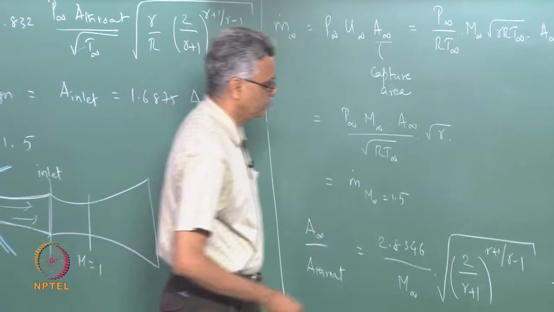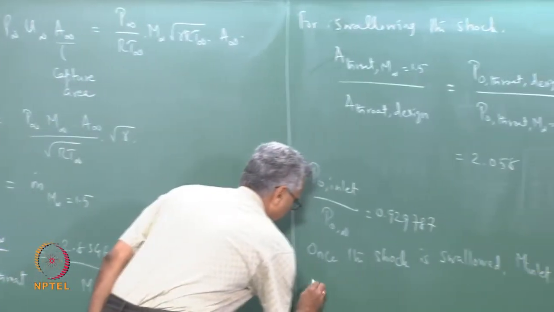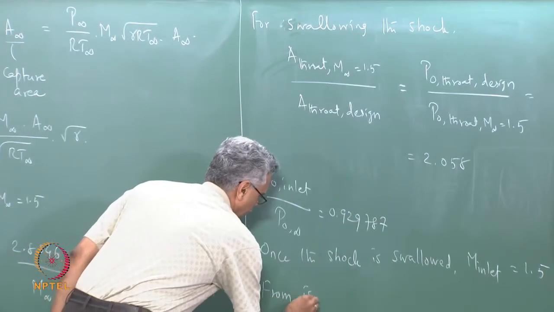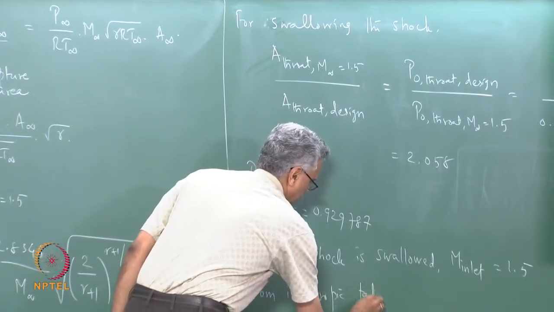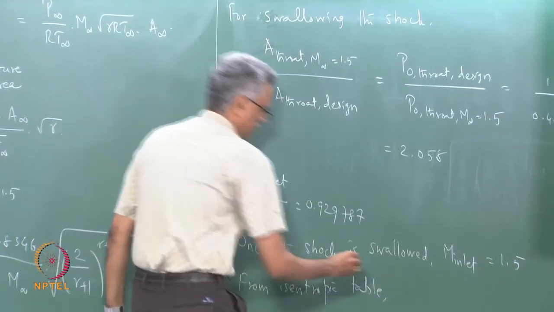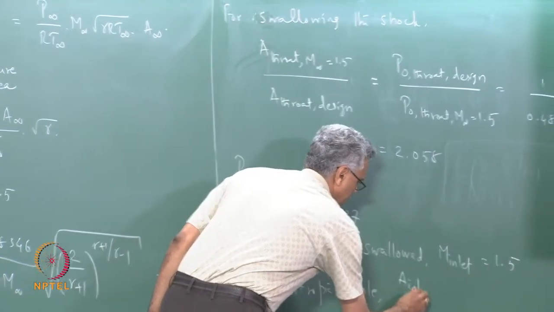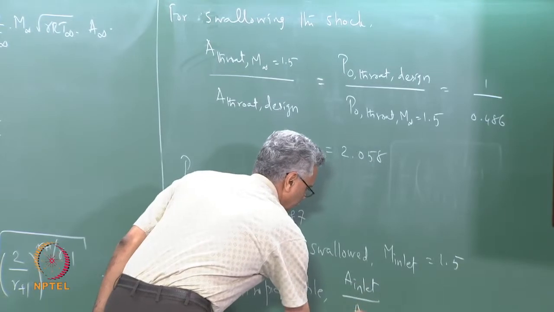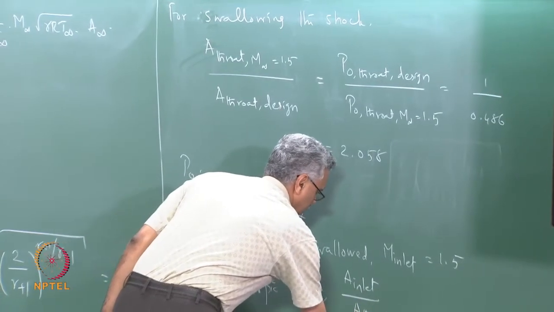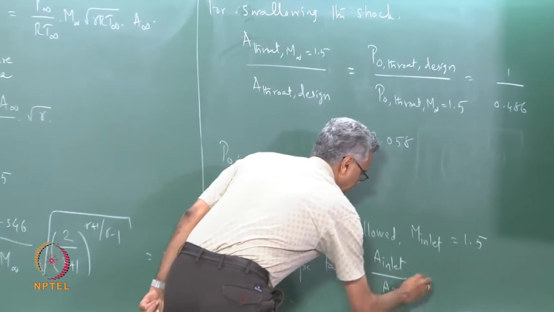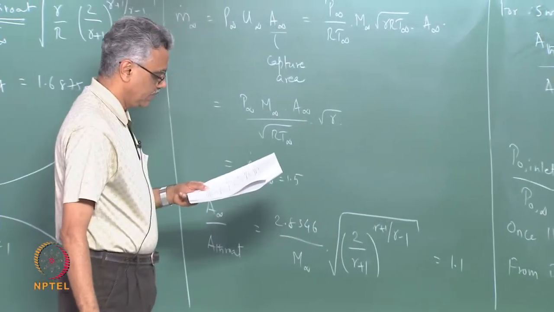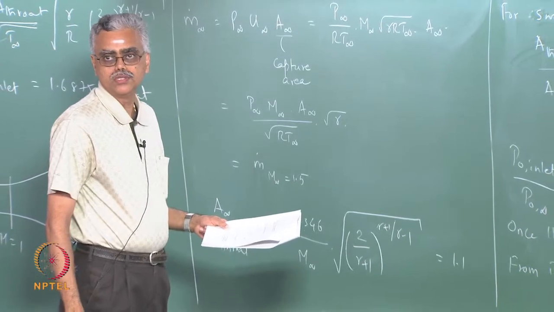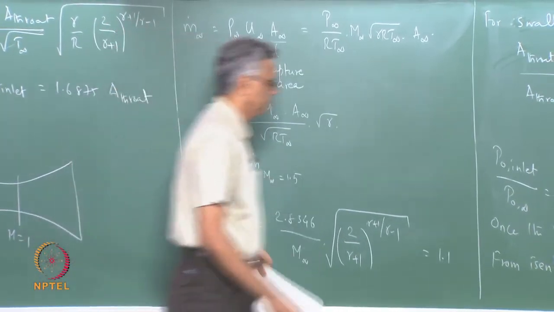So this means from isentropic table, A inlet divided by A throat corresponding to this Mach number is going to be 1.17617.